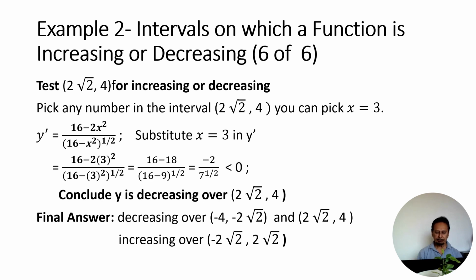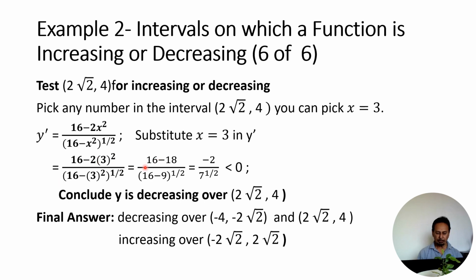Okay, so now we test for increasing, decreasing over this interval 2 square root of 2 comma 4. So pick any number in the interval. It looks like we can pick 3. So we substitute 3 in the first derivative, which is 60 minus 2x squared over 60 minus x squared to the 1/2.